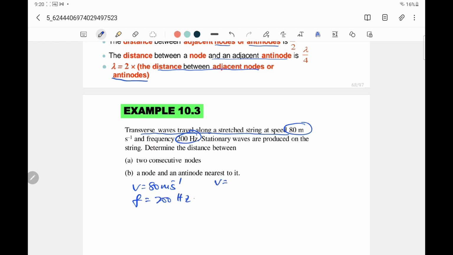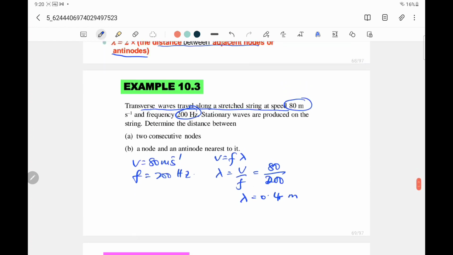From the equation, lambda equals v over f, so lambda is 80 over 200, which is 0.4 meters.